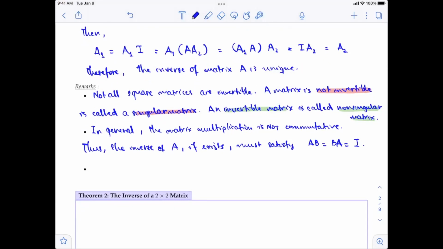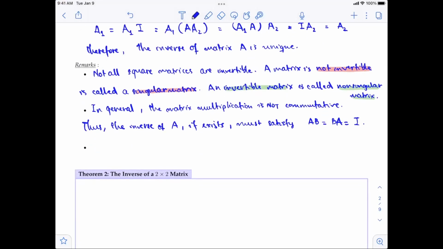Okay. And the last remark I want to mention here is do not attempt to write A inverse equal to 1 over A. Right, so this is a wrong calculation, because there is no such operation.